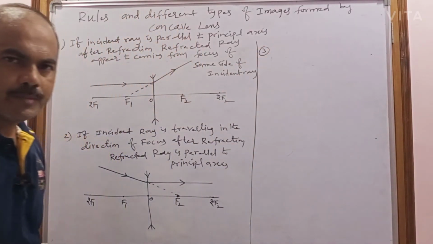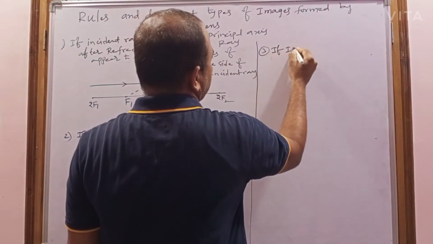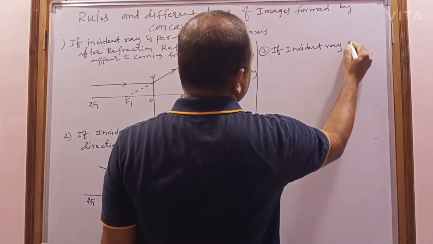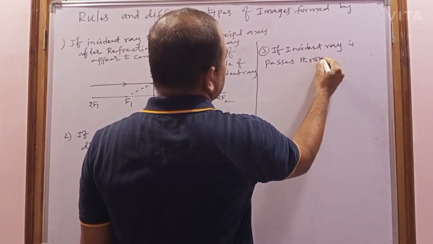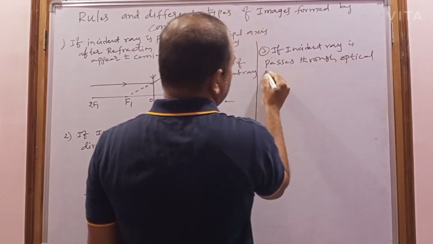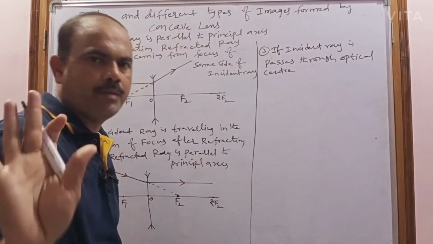If the incident ray passes through the optical center, the refracted ray continues the same path.